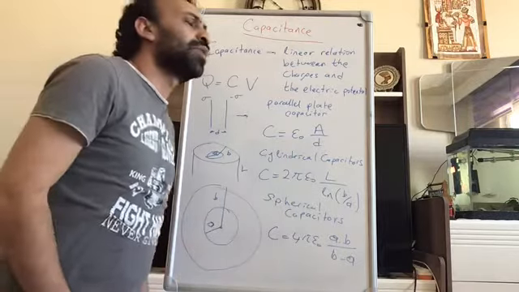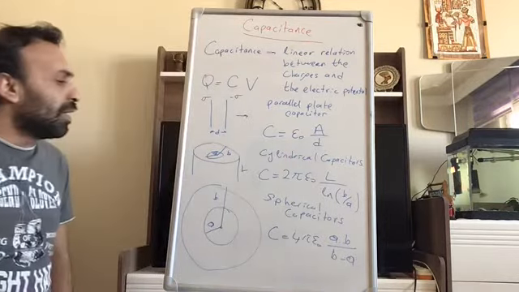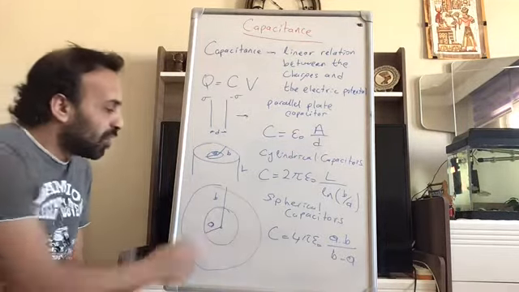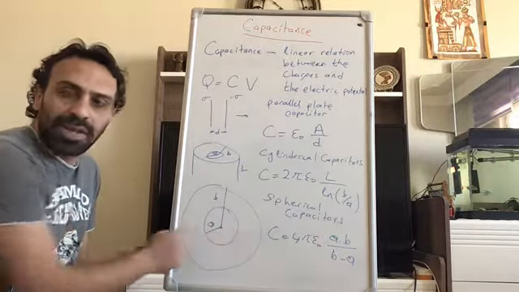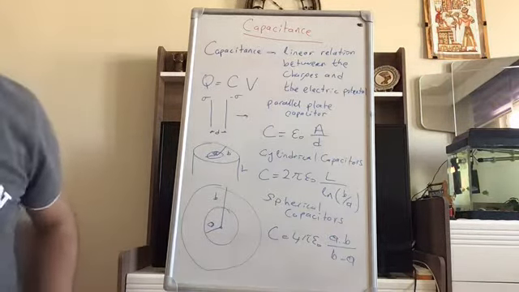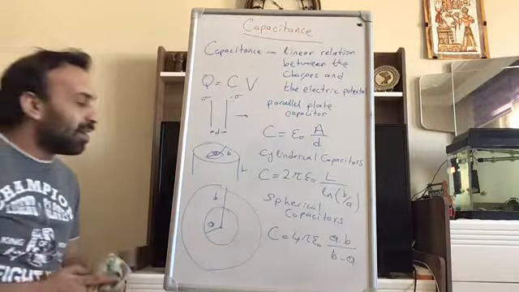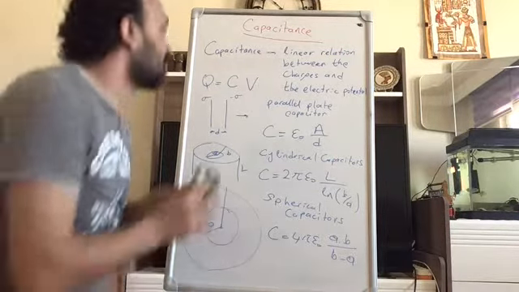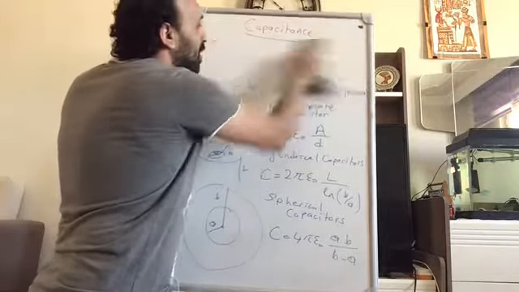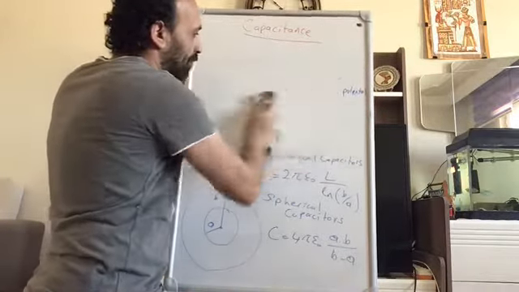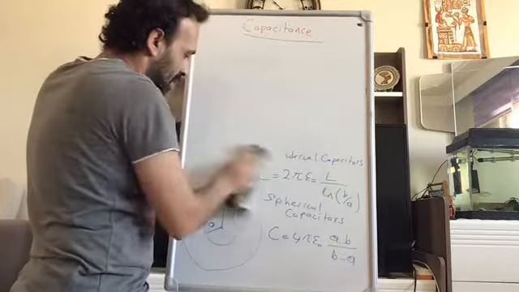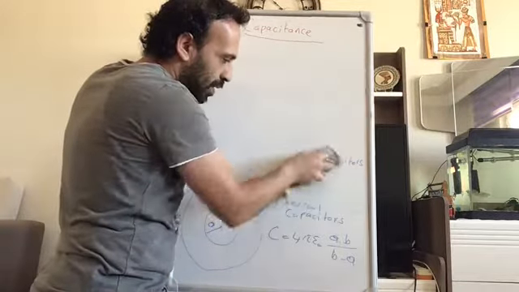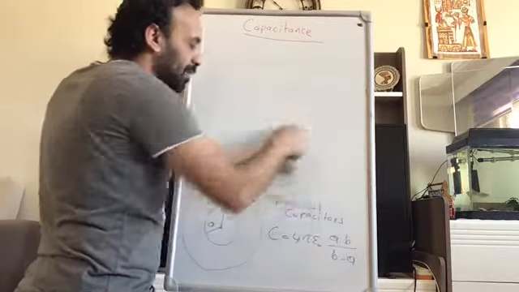So if I ask you what happens if you charge only a single, isolated sphere, let's see how we can answer this question by taking it from here. So let me make some space here. I'm going to keep the spherical one at the bottom.